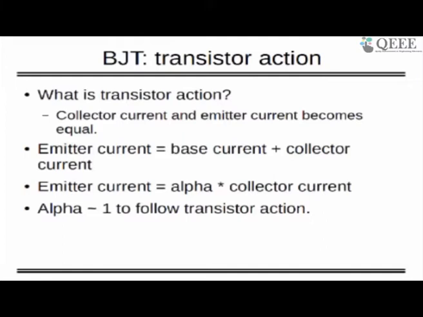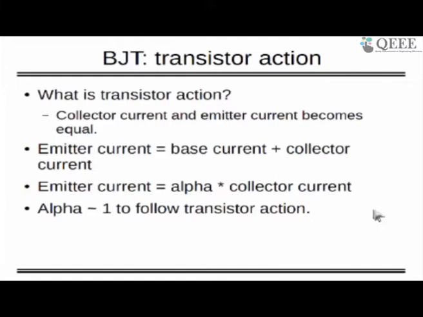In the ideal condition, following KCL, the emitter current is equal to the base current plus the collector current. If the base current is very small compared to the collector current, and the emitter current is alpha times the collector current, where alpha is 1, then my transistor is following the transistor action.